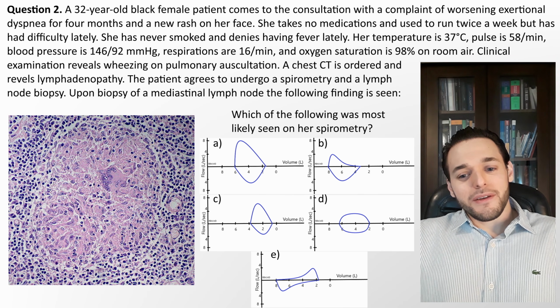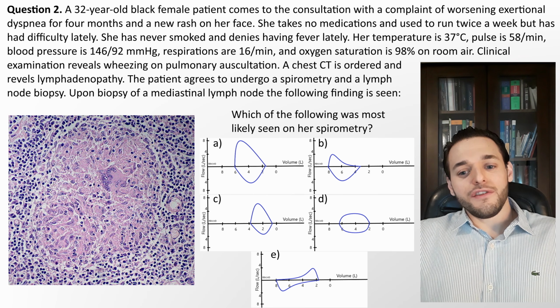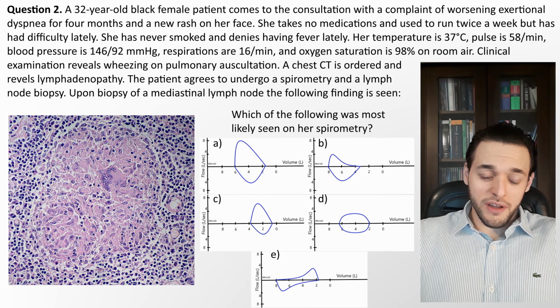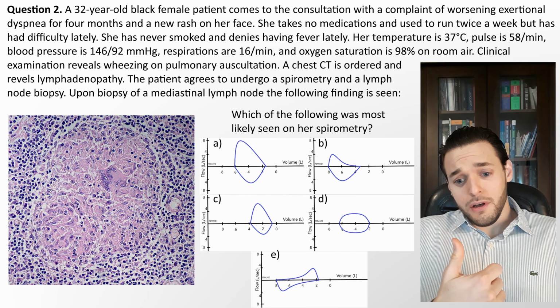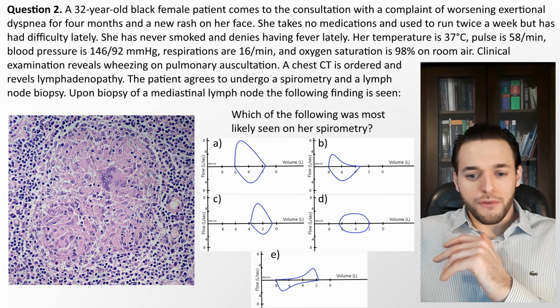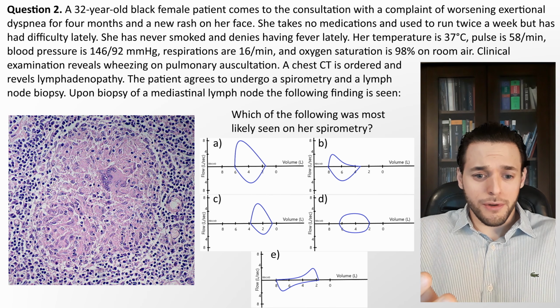And then the patient underwent the lymph node biopsy, we have the result here, and a spirometry. And then what it actually wants to know here is, one, do you know what to expect in terms of obstructive pattern or restrictive pattern in a patient with sarcoidosis?